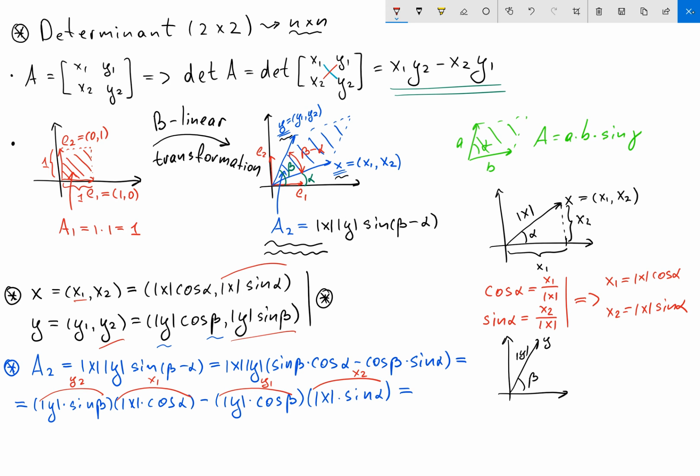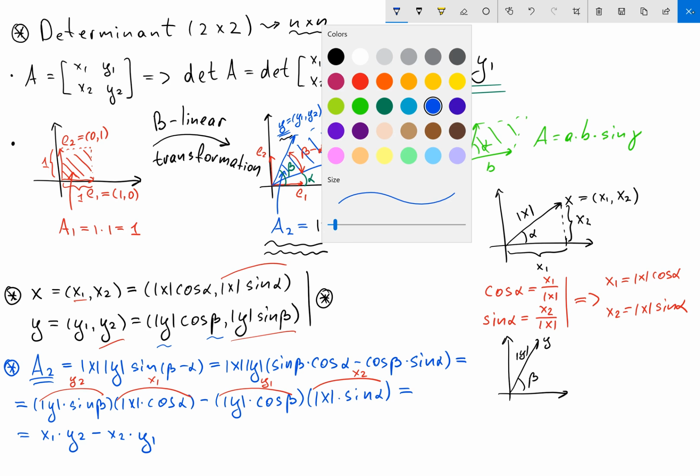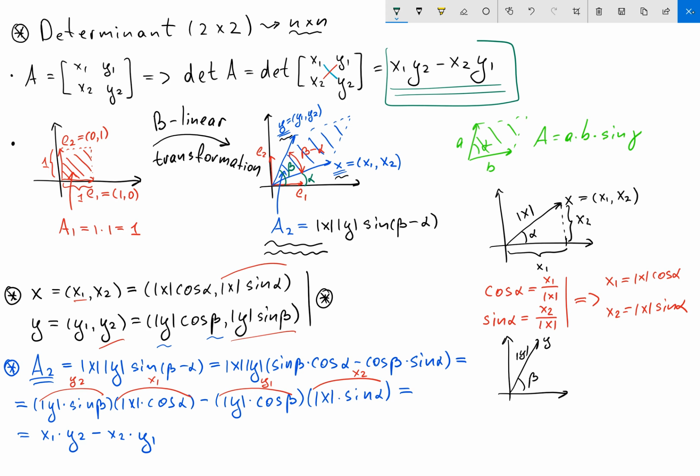So what I get is that the area I'm looking for is actually equal to x1 times y2 minus x2 times y1. And miracle. Why? Because I actually got this formula. So this thing is actually equal to the determinant of x1, x2, y1, y2, which equals the determinant of A.